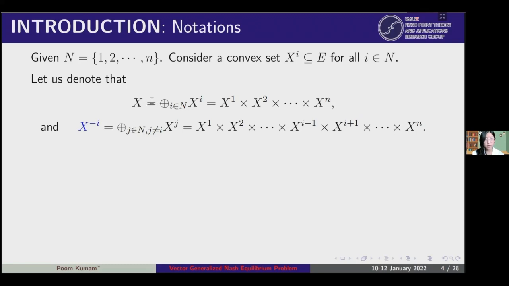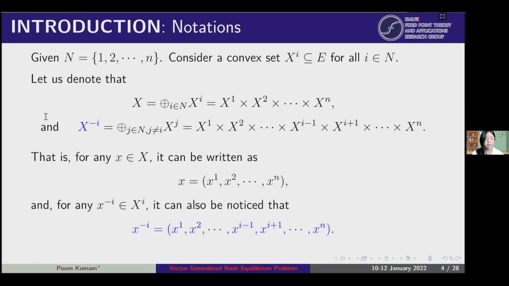From this notation, if we consider a point x in this set X, which can be written as x1, x2 until xn, we can also consider x minus i. Sorry for the mistake here.